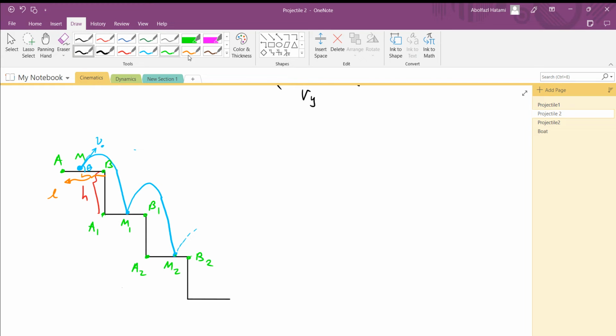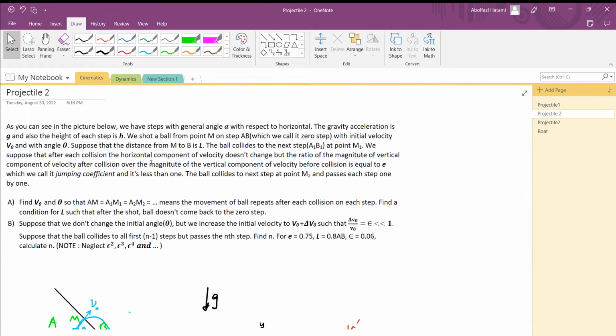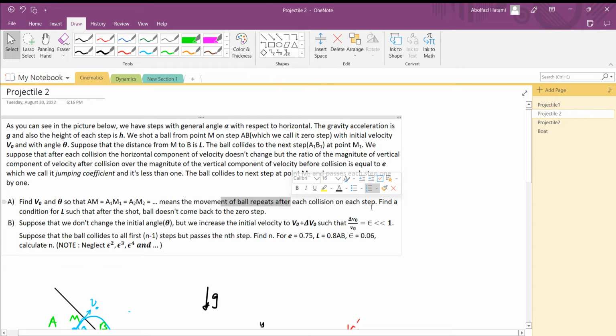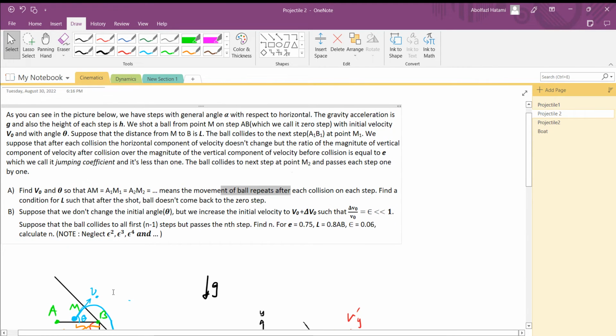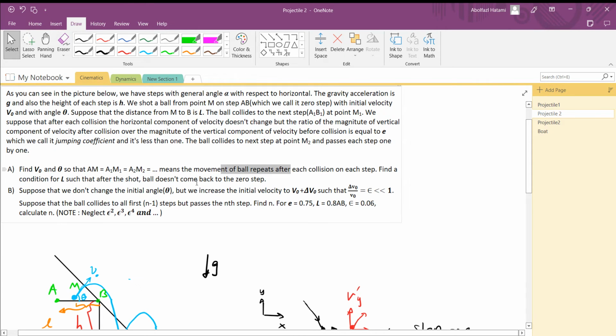The AM here should be equal to this length, and it should again be equal to this length, and so on. It means the movement of the ball repeats after each collision on each step. Find a condition for L such that after the shot the ball doesn't come back to the zero step.